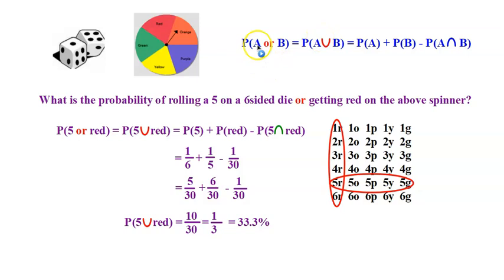The probability of A or B happening, and here it is with the symbol, you remember that symbol is or, is the probability of A plus the probability of B, not times, plus the probability of B, minus the overlap, the probability of A and B, right?